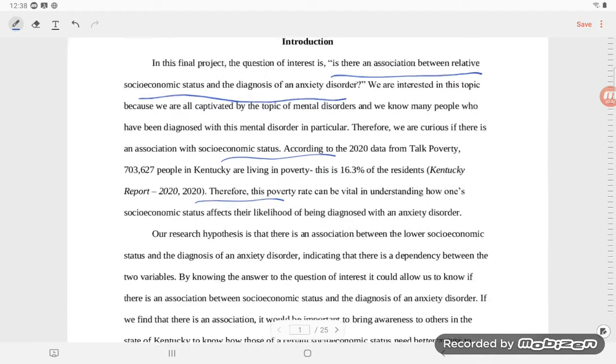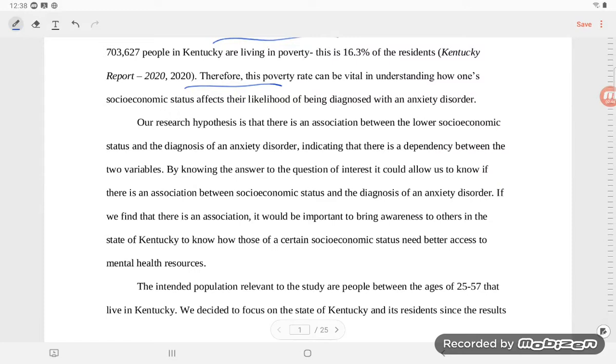And they go on to say their research hypothesis is that between socioeconomic status and diagnosis of anxiety disorder, there is an association, indicating there's a dependency between the two variables.